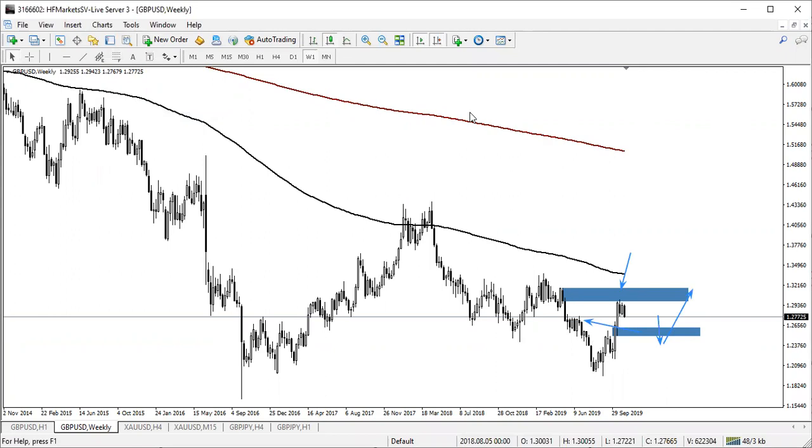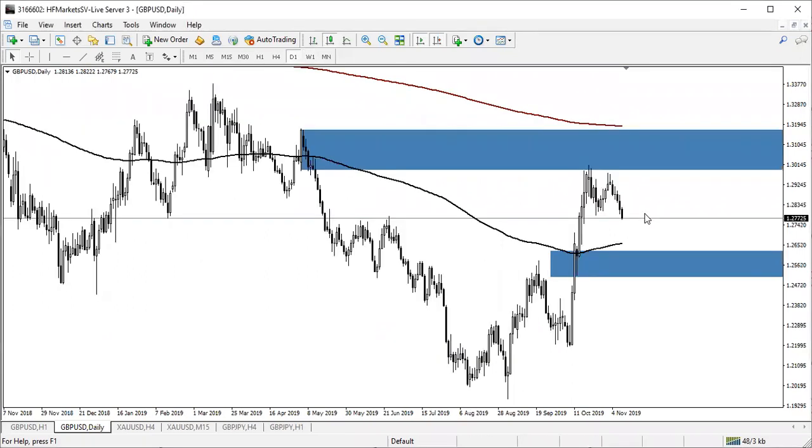So we switch to our D1. There you go. As usual, we try to fine tune our zone. This is a big zone on the daily, but that is our zone.